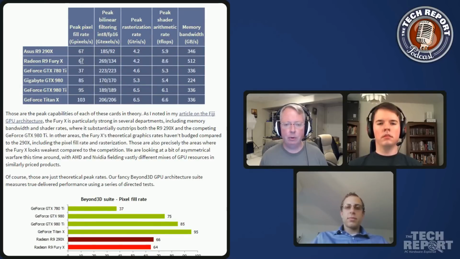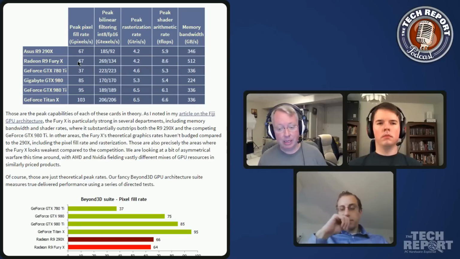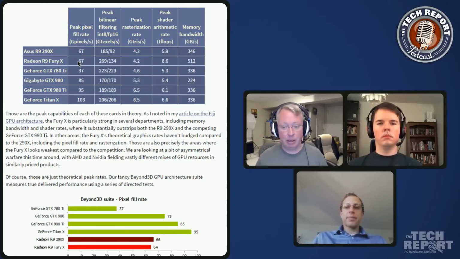And the Fury X is unusual for a new GPU because it's scaled up in some respects compared to the R9 290X, and in some respects it's not. And we're comparing to the R9 290X because that is the closest analog among big GPUs that we could test at 4K, David. The R9 285 is not really a good candidate for 4K testing, and it's not anywhere close to the scale of this thing.